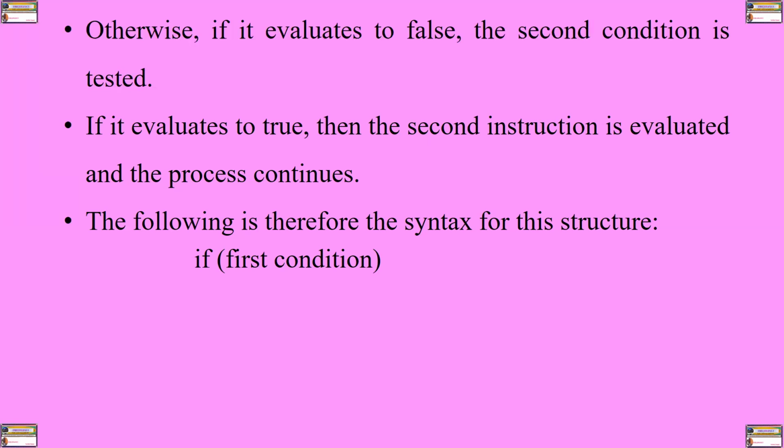Nested if gives you more options, more than two actions, but regardless of that, only one action is taken and the rest are ignored. So if you are dealing with a situation where there are several conditions to be tested and one action to be taken, then nested if is the best candidate for you.